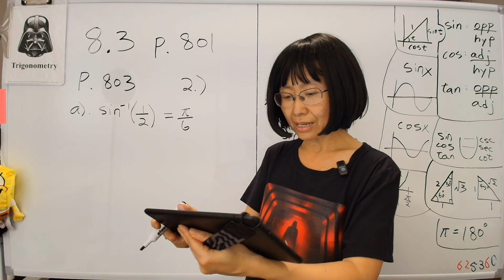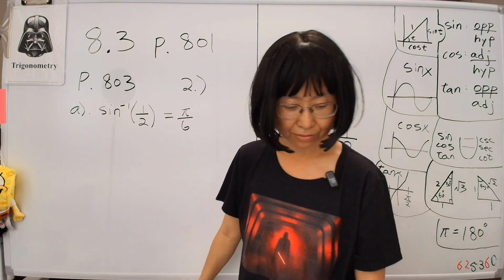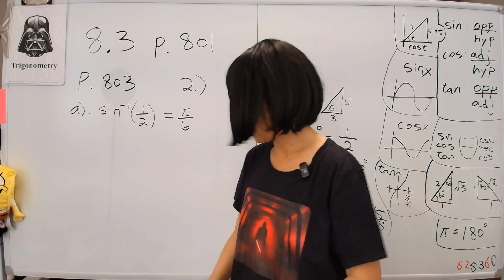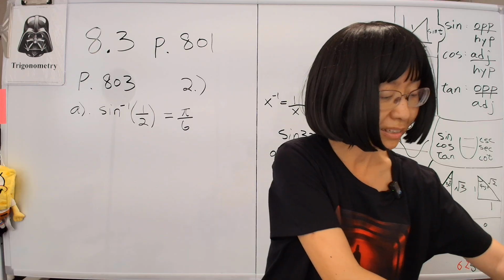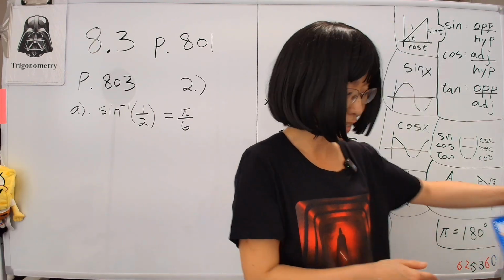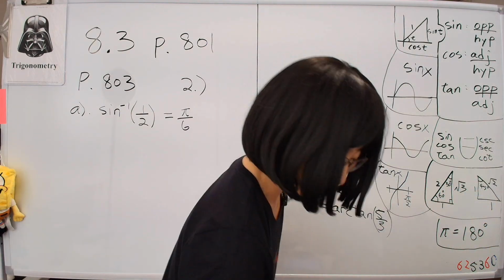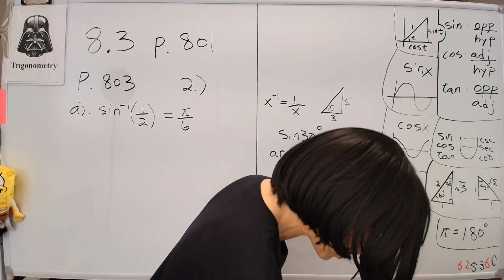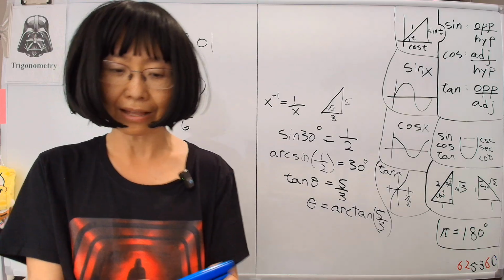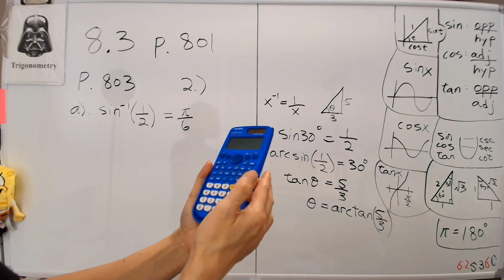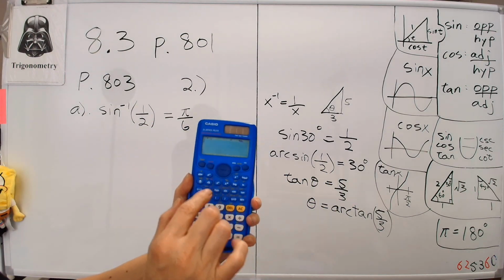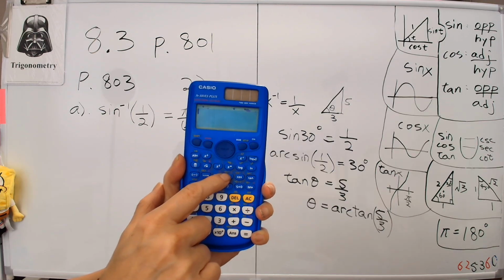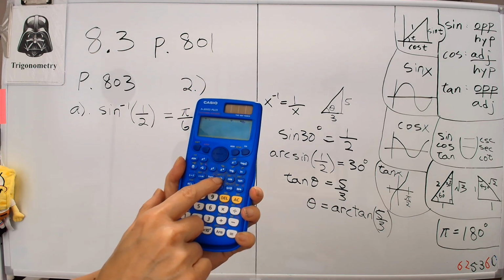Next we have sine inverse of some negative thing. By now, I really don't want to mess with the negative numbers, so let's pull out a good old calculator and crank it out that way. We're trying to calculate sine inverse of negative square root of 2 over 2. So let's do that. The sine inverse on the calculator will be pushing shift sine. If you look carefully on top of the calculator, you'll see the sine inverse symbol right on it.